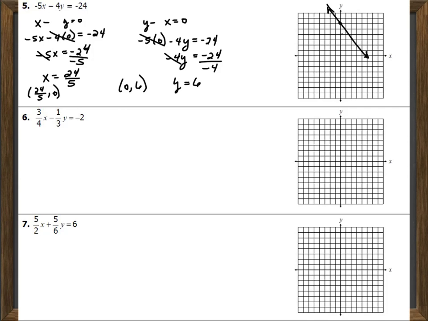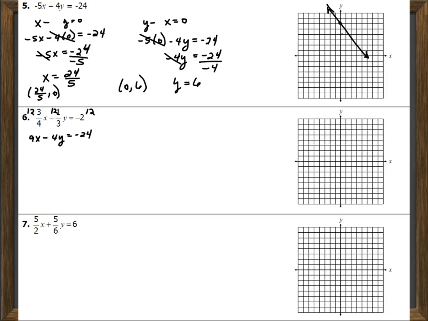Number 6 and 7 have fractions. So let's multiply. Our greatest common factor is 12. I'm going to multiply by 12 all the way across. And that will give me 36 over 4, or 9x, minus 4y equals negative 24.